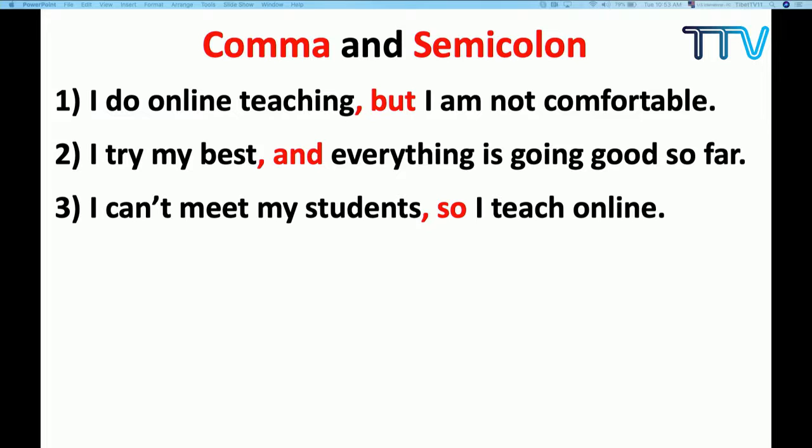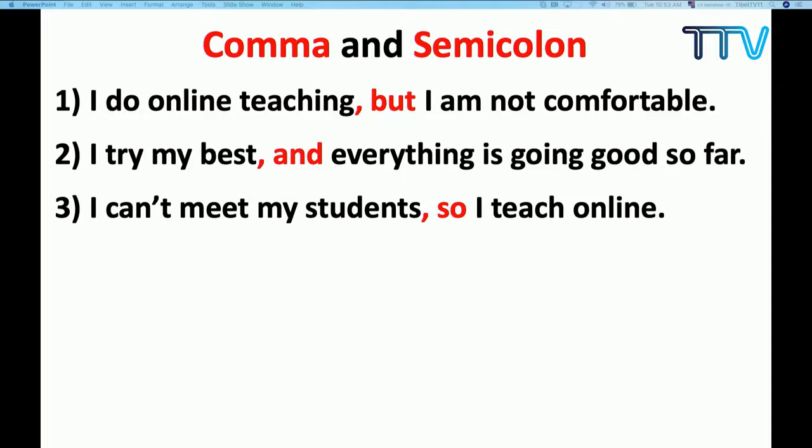When you use a connector to join two sentences, we have to be very careful about the punctuation marks. For example, I do online teaching, and we have the connector but. Sometimes we neglect that comma, but here it's important to use the comma before the connector.